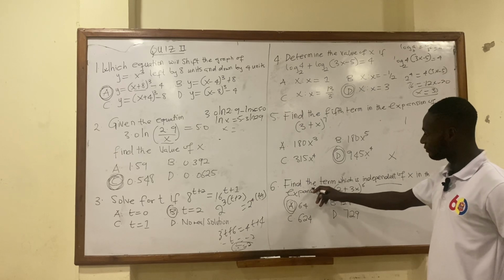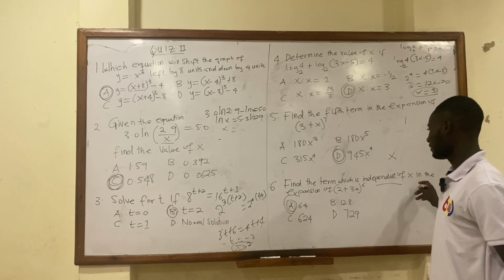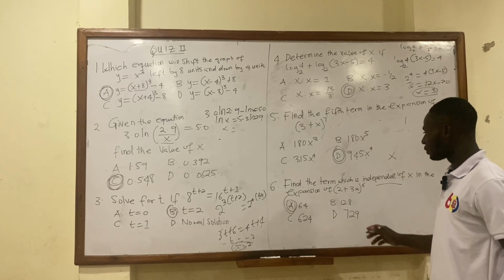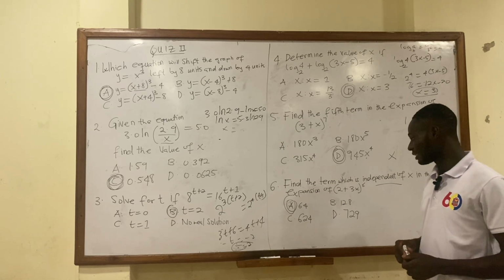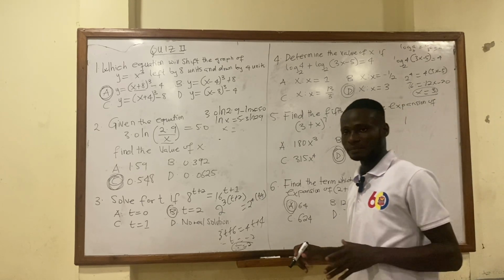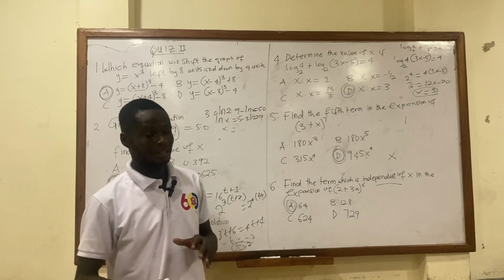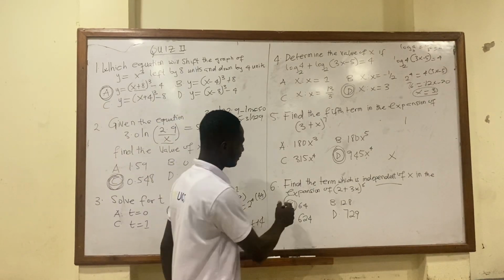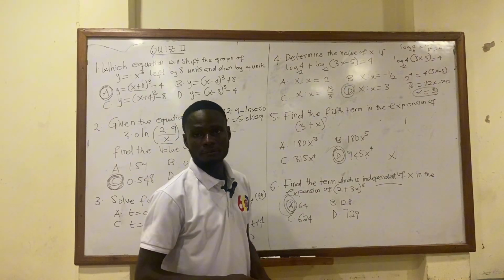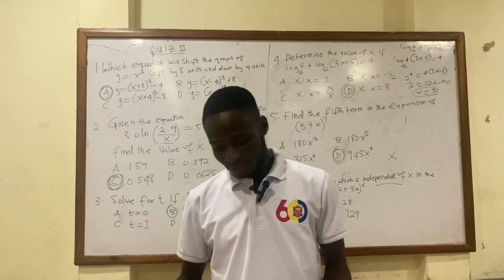They said find a term which is independent of x in the expansion of this. So independent of x, what they are trying to say is which one is independent. All right, so that is basically the option A. So, all right, let's continue.